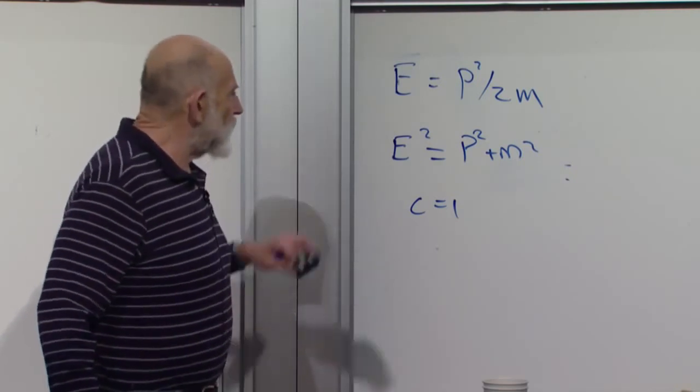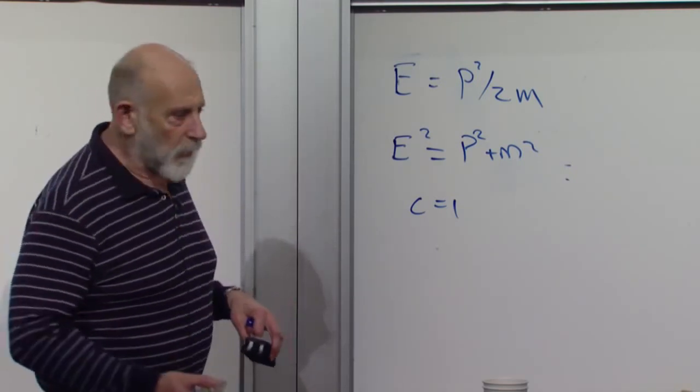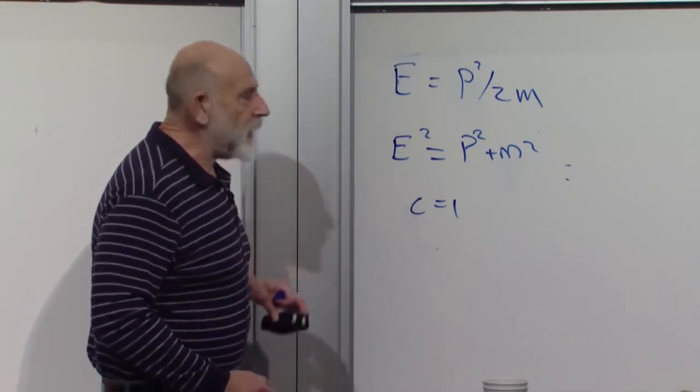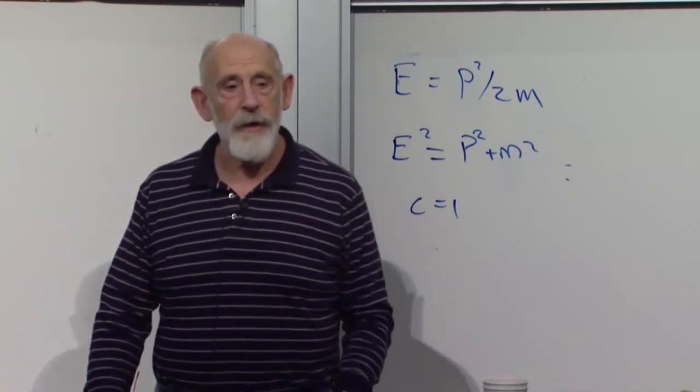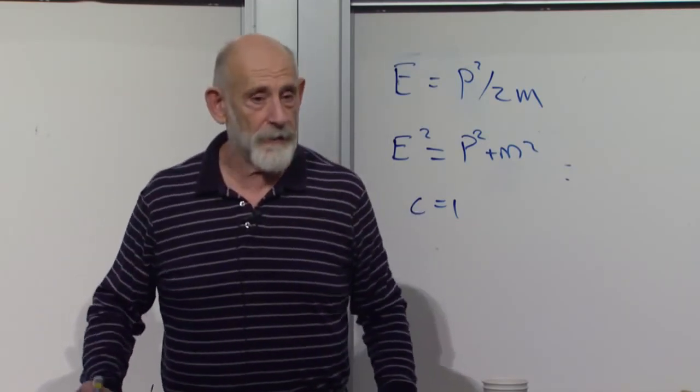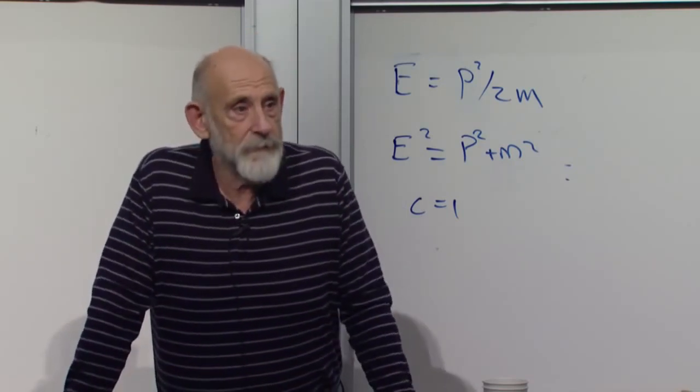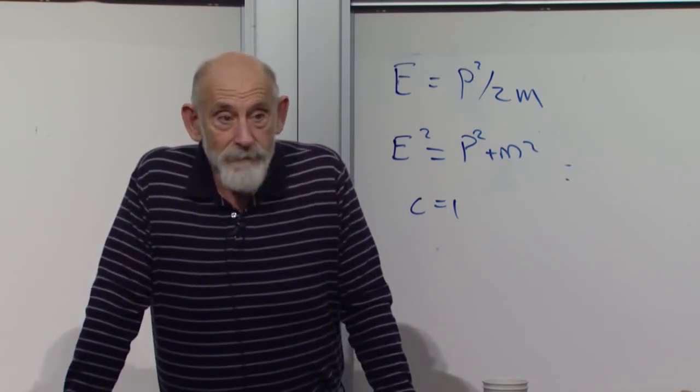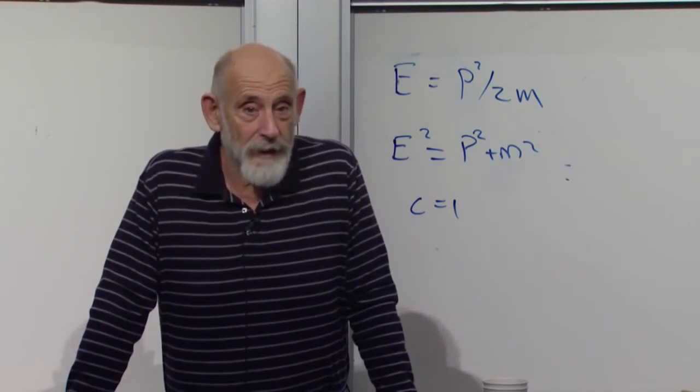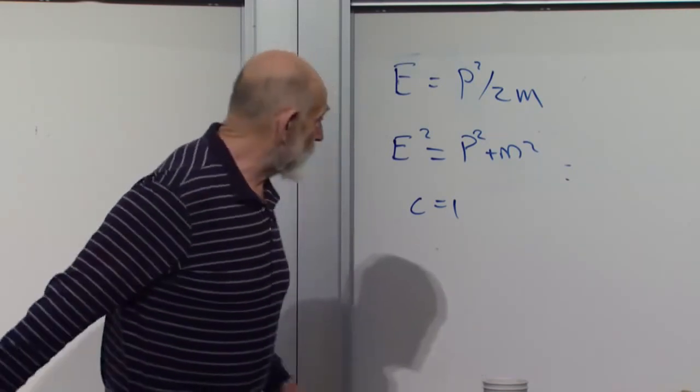From this, you can write down immediately an equation. If you take E to be i d by dt, then what is E squared? It's the second derivative with respect to t, with a minus sign.